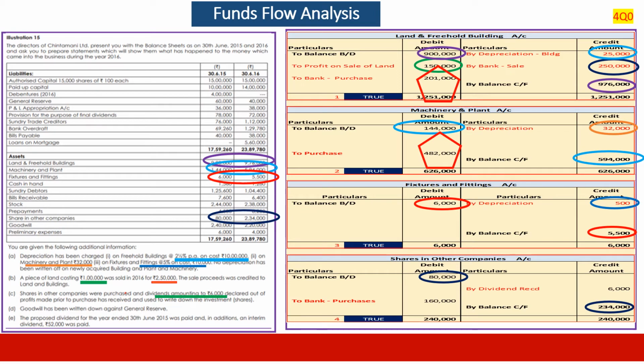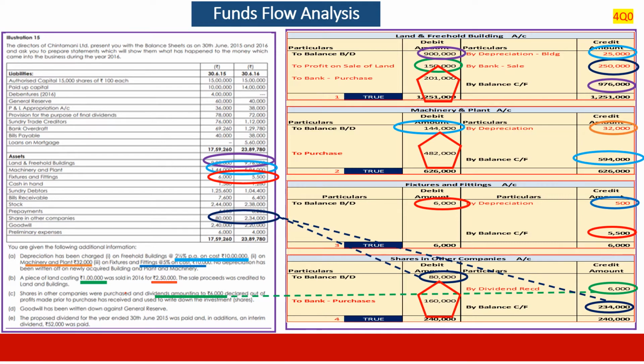We have shares in other companies, 80,000 in the beginning and 2,34,000, and there is an entry for 6,000 which is received and credited to this account. Wherever it is put, dividend is received, we have given credit for it, means it is an income to be considered, and it is a cash flow also.